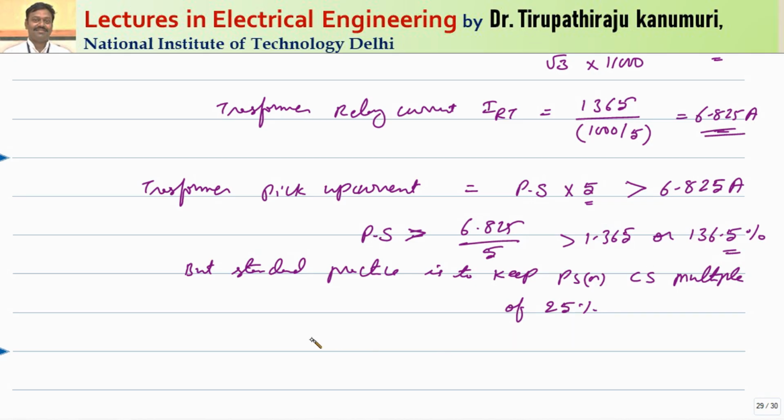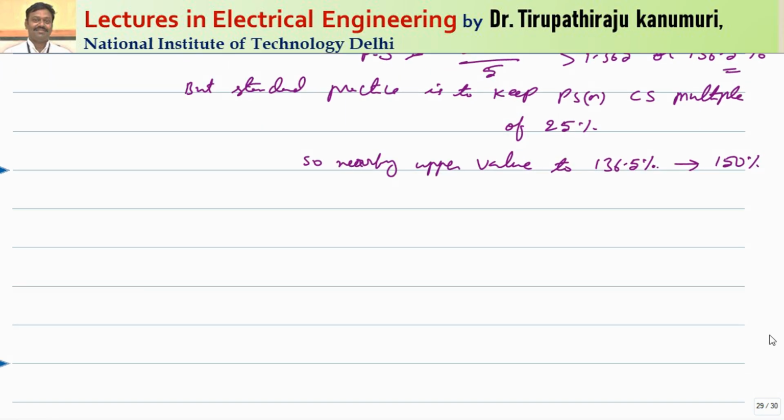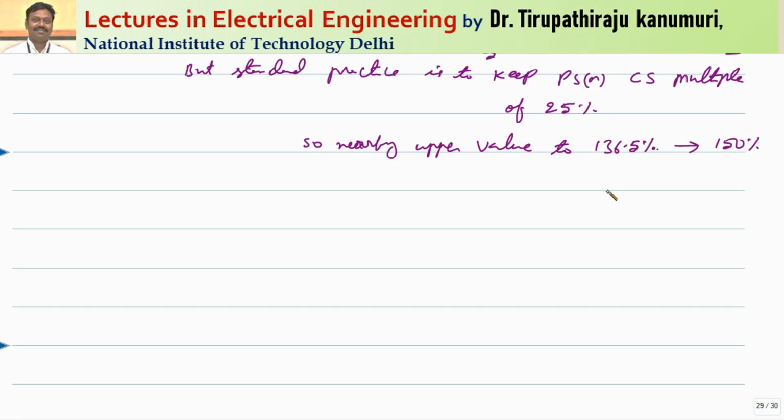So the nearby upper value to 136.5% in multiples of 25% will be 150 percent. You agree with me? So that's why this 150% is now taken as the plug setting or the current setting. By taking this 150% as the plug setting, let us try to calculate the remaining things.